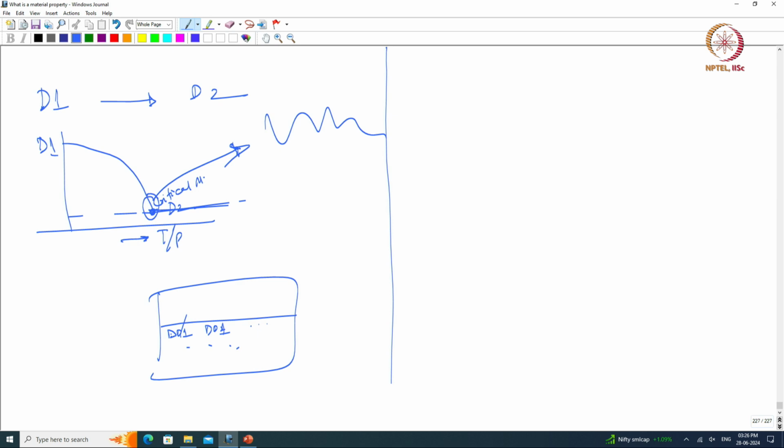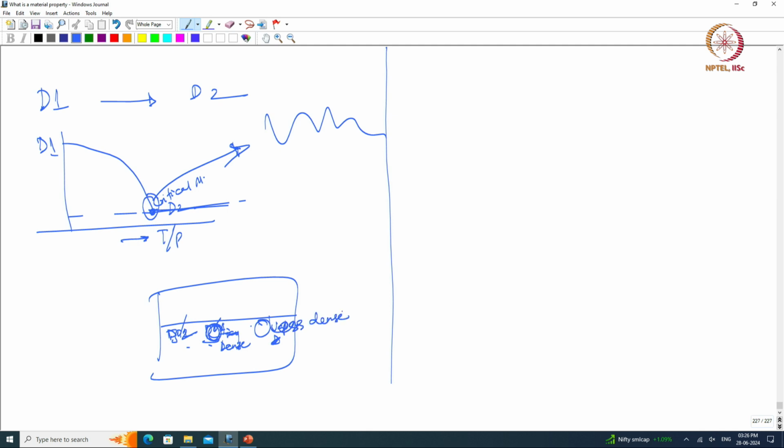So this is no longer d1; at one instant this can be something like d2, at another instant this point can have very high density. So you have all these various fluctuations happening: dense water, dense vapor, very less dense vapor.